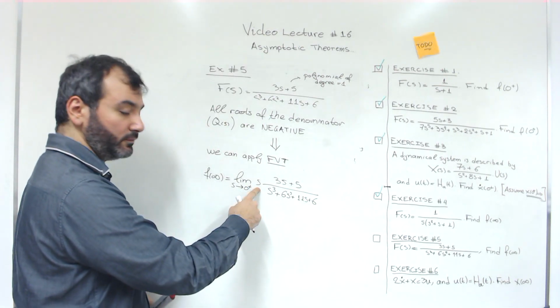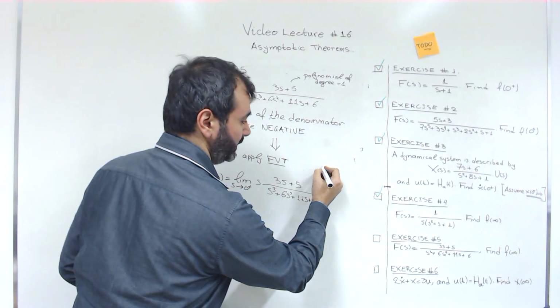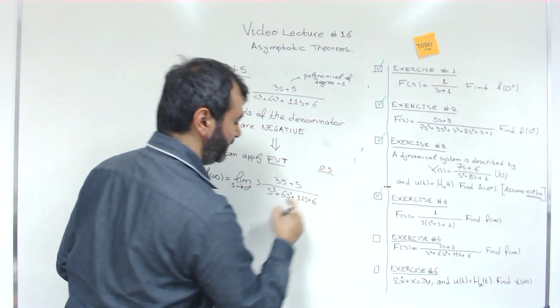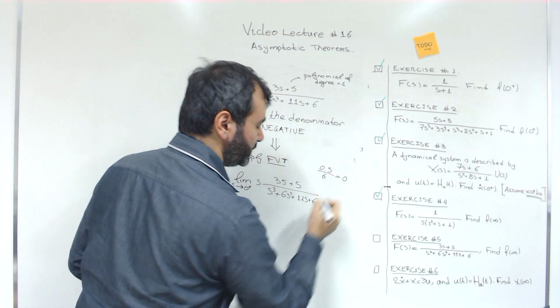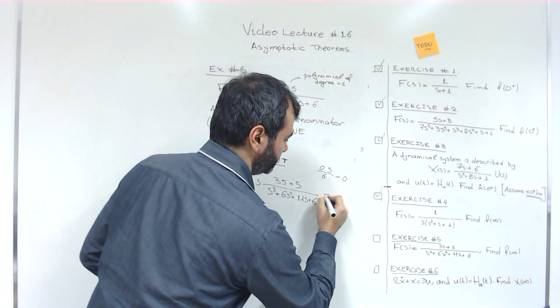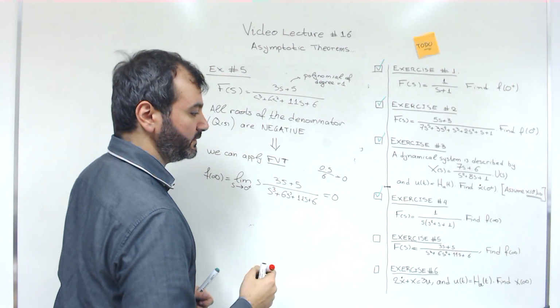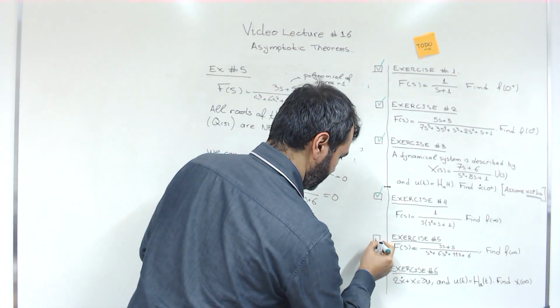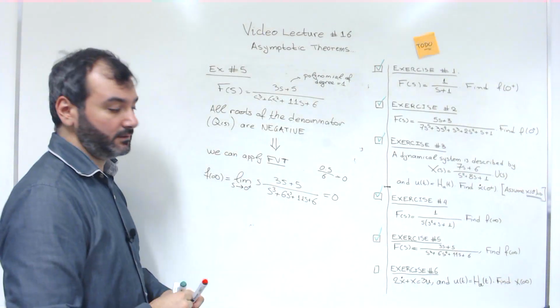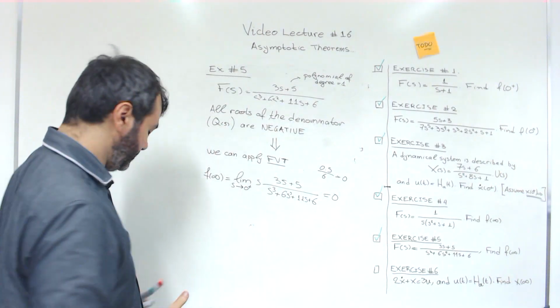So it is 0 times 5 divided by 6, which is 0. And we have solved this exercise as well. The last one now.